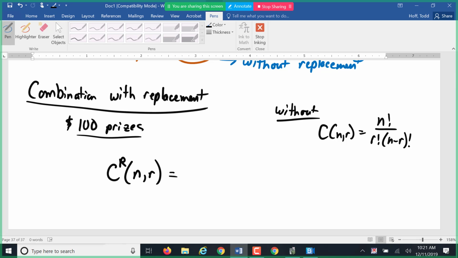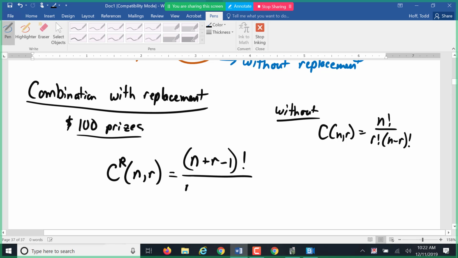By putting their names back into the bin, we're increasing the number of items to choose from. So it is now going to be n plus r minus 1 factorial over r factorial times n minus r factorial. Again, that's not something we use in this course, but I wanted to throw it out there so that you've seen it.